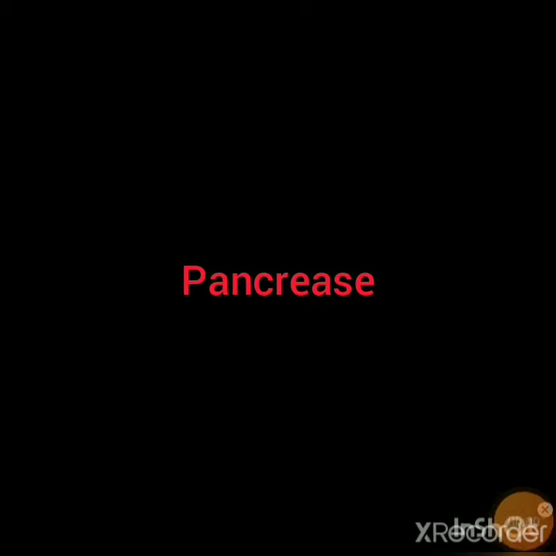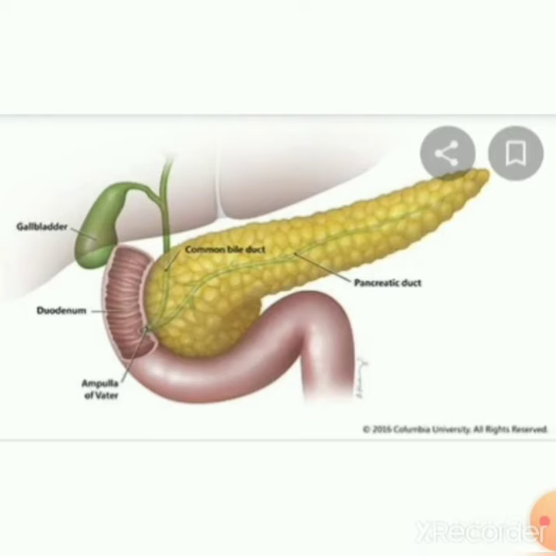We are going to look at the pancreas. First of all, we can see that the pancreas is an elongated structure which has a head, body, and a tail part. The tail attaches to the spleen, and the head is located in the C-shaped cavity of the duodenum.